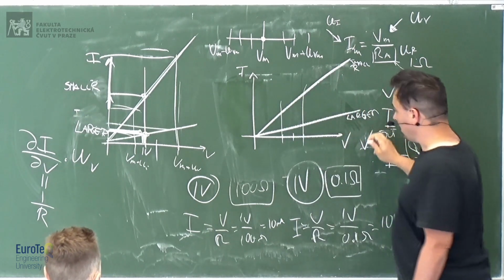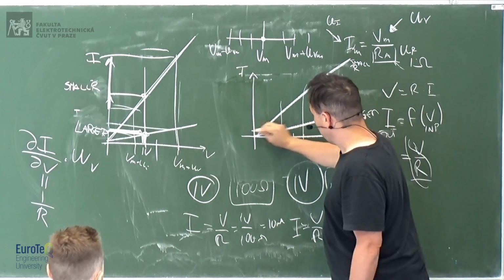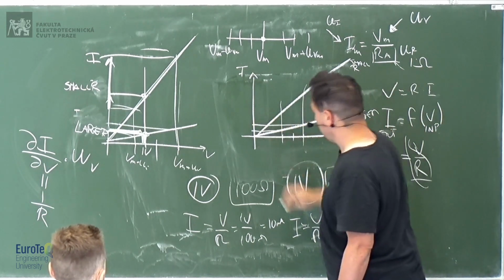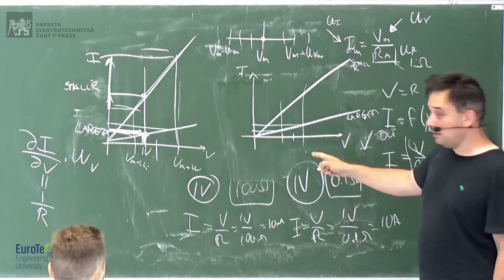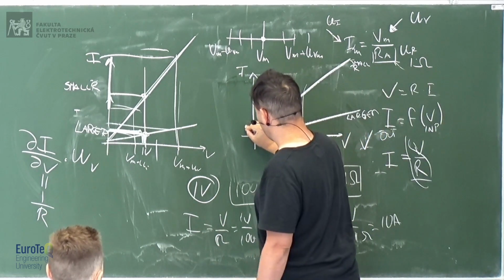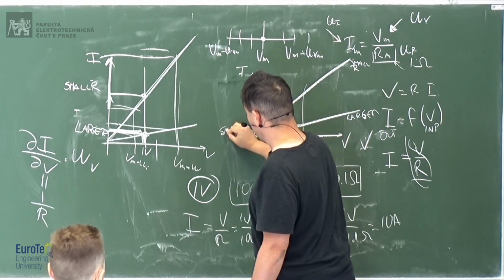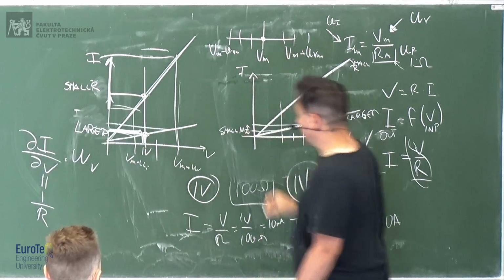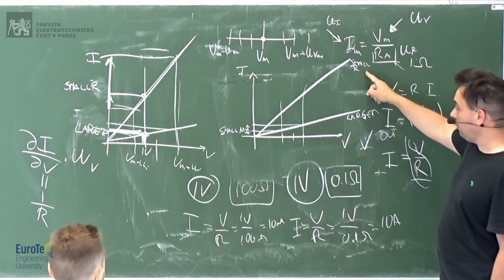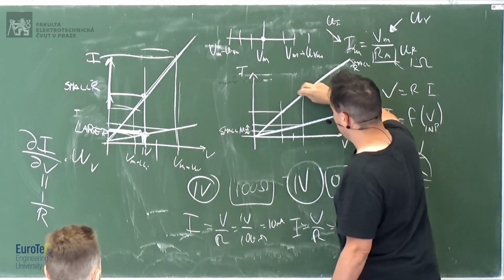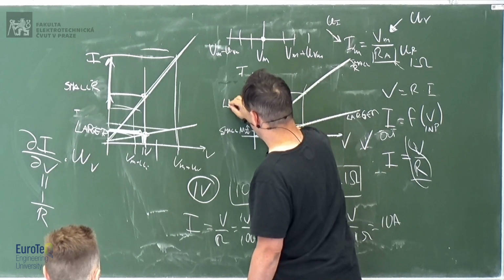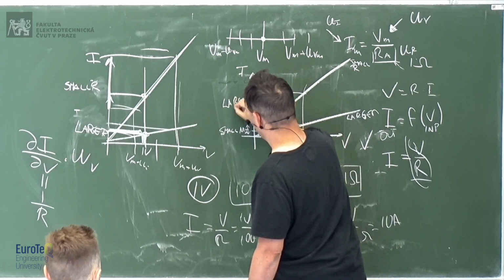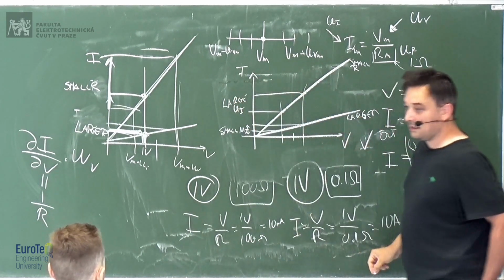Now, if I have larger r, I have a small range of uncertainty. If I have a small r, a larger range of uncertainty, a large uncertainty of the current, correct?